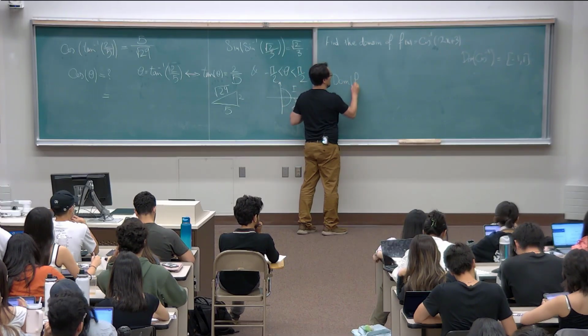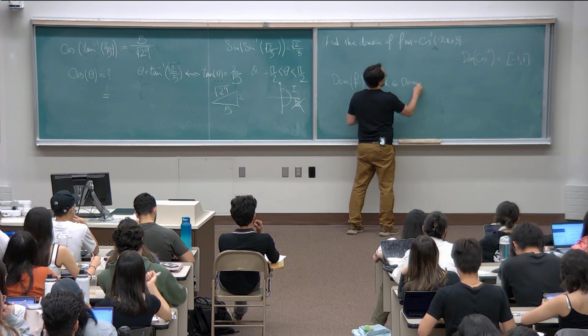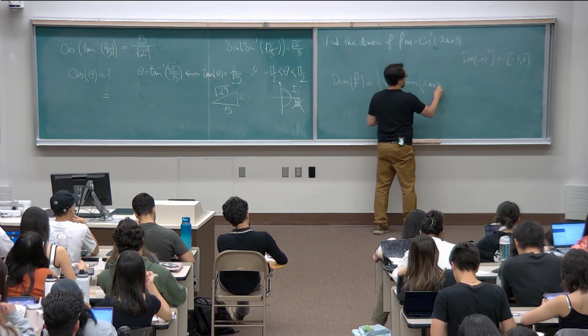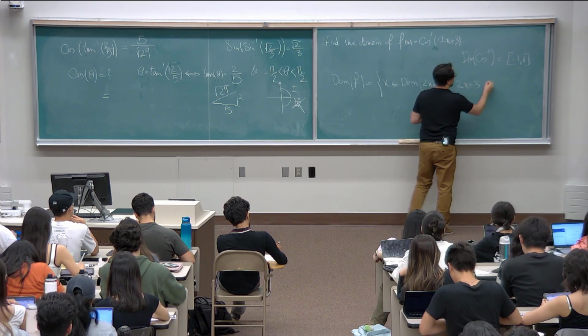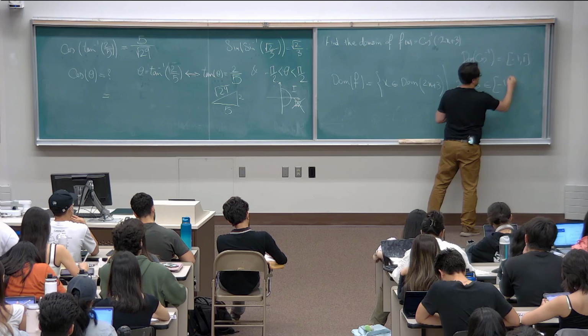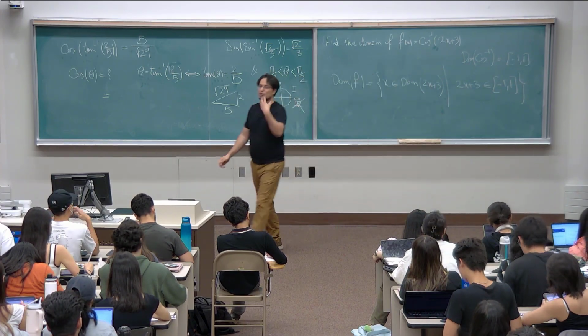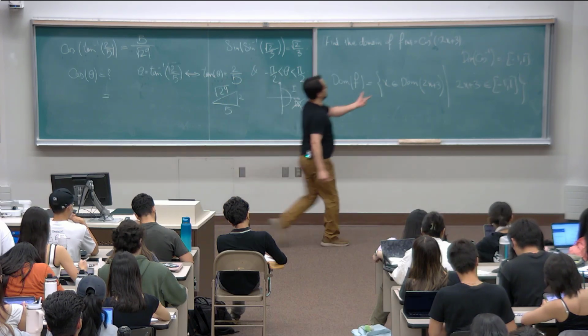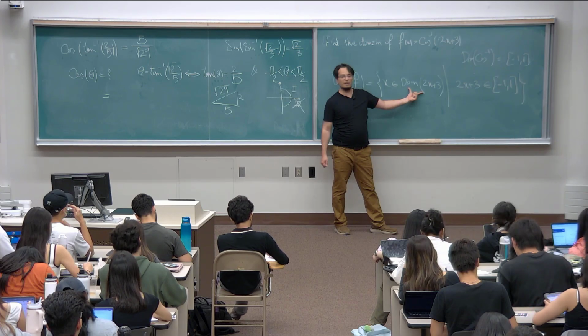So the domain of f is going to be all x's in the domain of 2x plus 3 such that 2x plus 3 is in the interval -1 to 1. Remember, this is the composition of two things. First, I have to be able to plug in x into this function. So x must be in the domain of that.